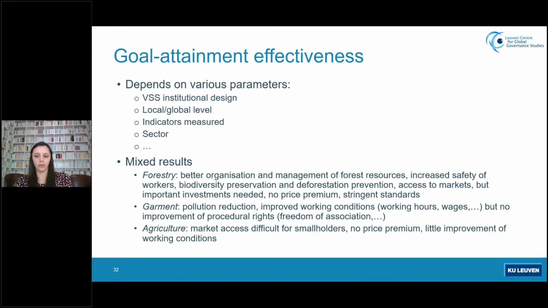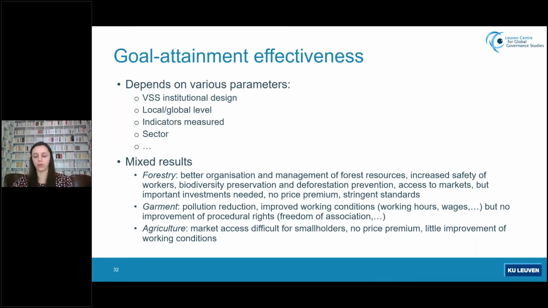VSS most of the time can have positive impacts on some aspects of sustainability, but not on all of them. This is very difficult to achieve, also because some VSS, as I said earlier, focus more on social issues and other VSS more on environmental issues.